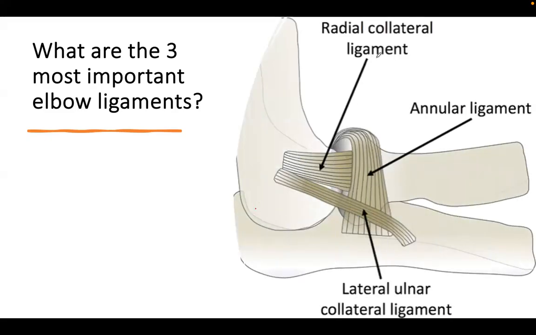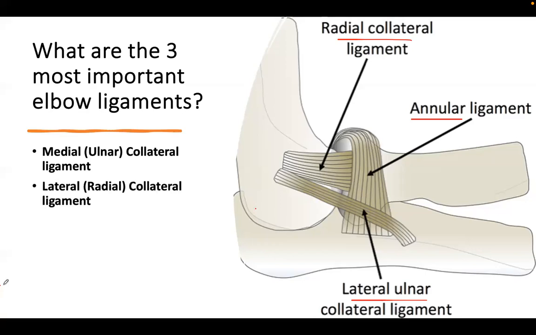So here, we have the annular ligament, we have the lateral ulnar, then we have the medial collateral ligament. The medial is the ulnar collateral ligament. Then we have the lateral, the radial collateral ligament. And of course, we have the annular ligament.